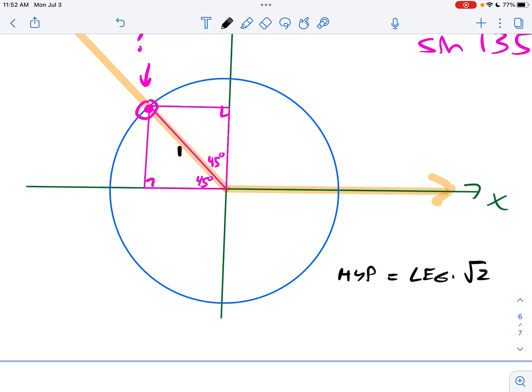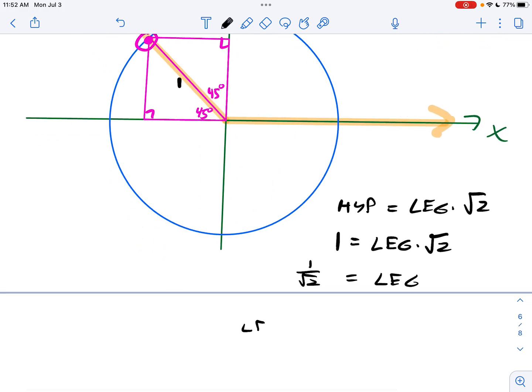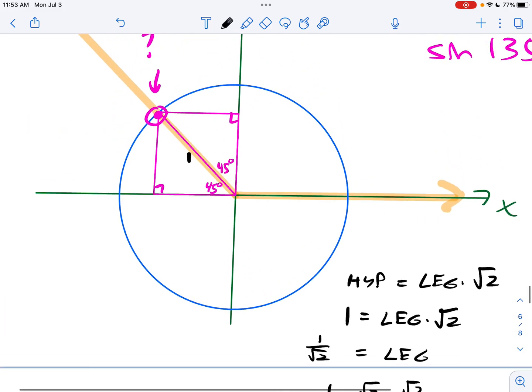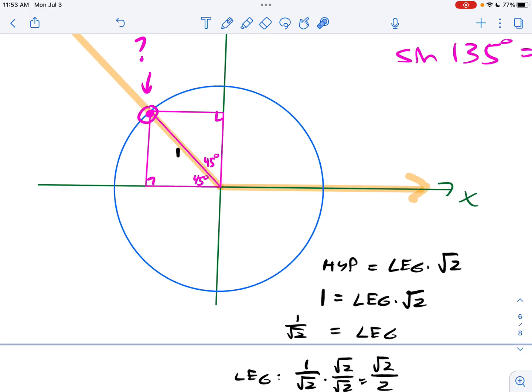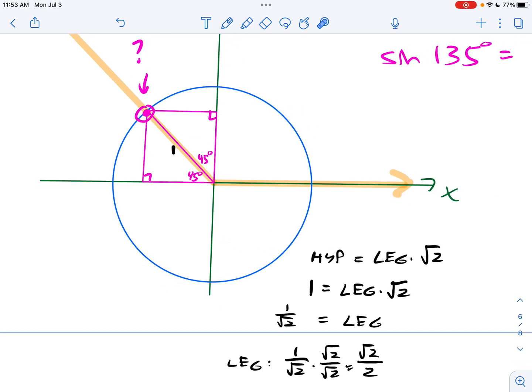So in either one of these triangles, the leg will be 1 over the square root of 2. Remember, we do like to rationalize. All of the legs of the triangles in this diagram have a length of root 2 over 2.